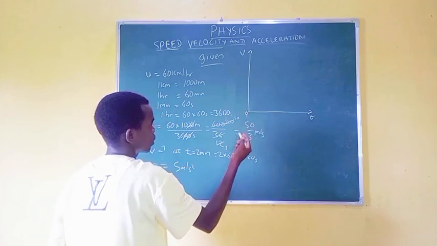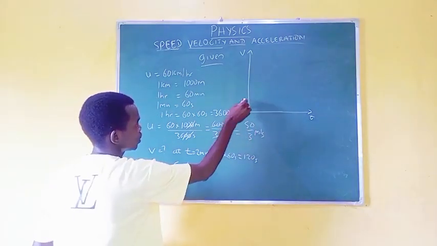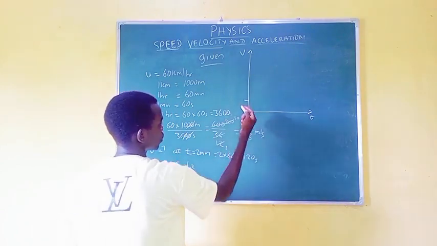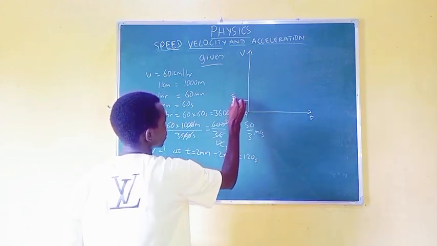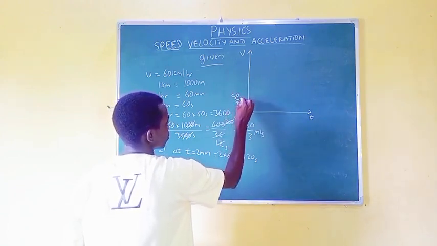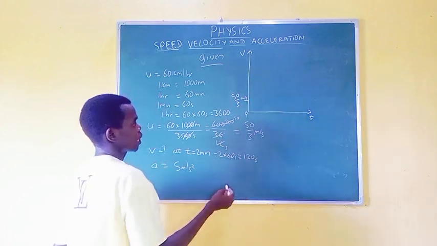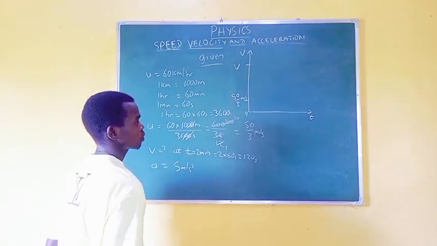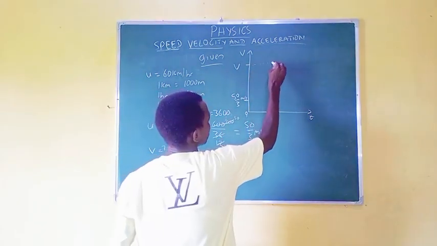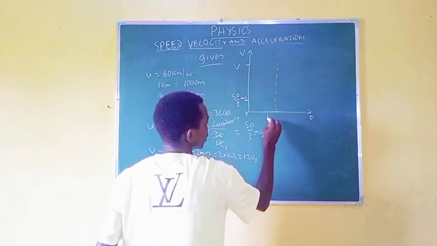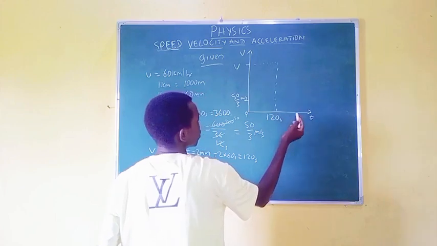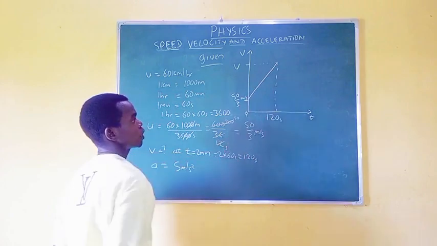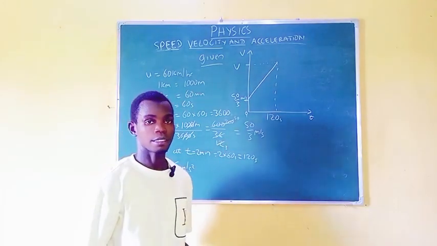Here is 0, and let's assume here to be the initial velocity, which is equal to 50 over 3 meter per second, and let's assume here to be the final velocity, that's what we are looking for, in 120 seconds. We draw this point of intersection to this place. We have our velocity time graph.